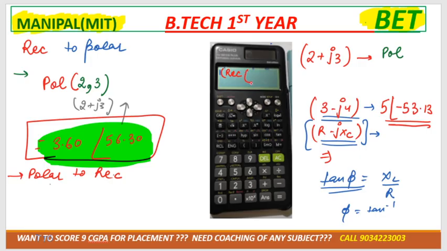So how will you get the rec form? Press on, press shift, then press minus. You will get rec form. Now the term we want to convert is 3.60 comma 56.3, and then close the bracket. Do it and tell me what you are getting.